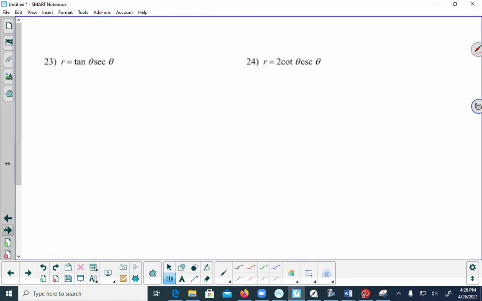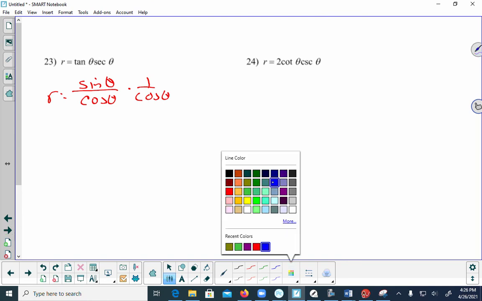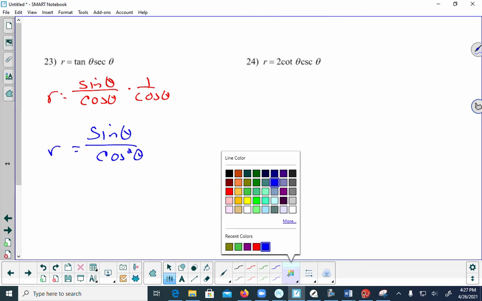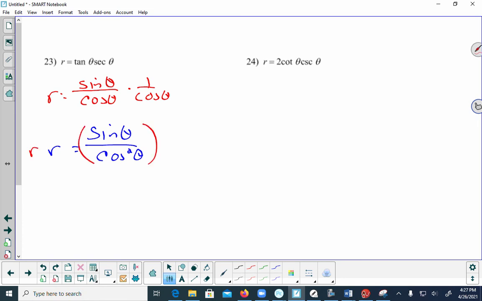So same as the one before. r is equal to sine of theta over cosine of theta times 1 over cosine of theta. So I am going to think of this as sine of theta over cosine squared theta is equal to r. Choosing to eliminate, I'm going to multiply this side by r, multiply this side by r.